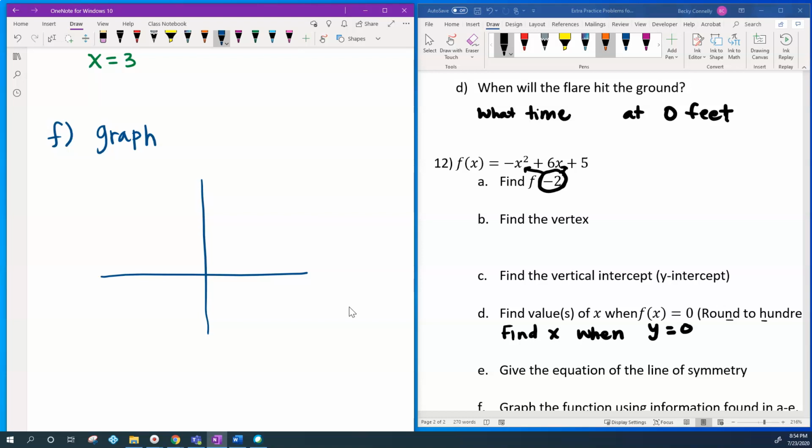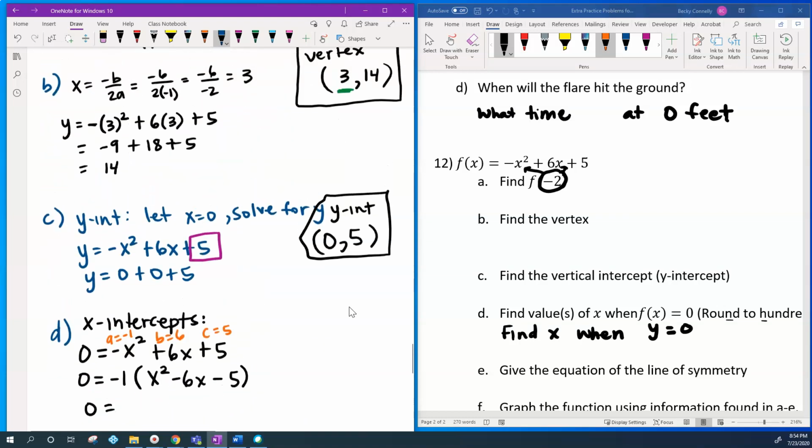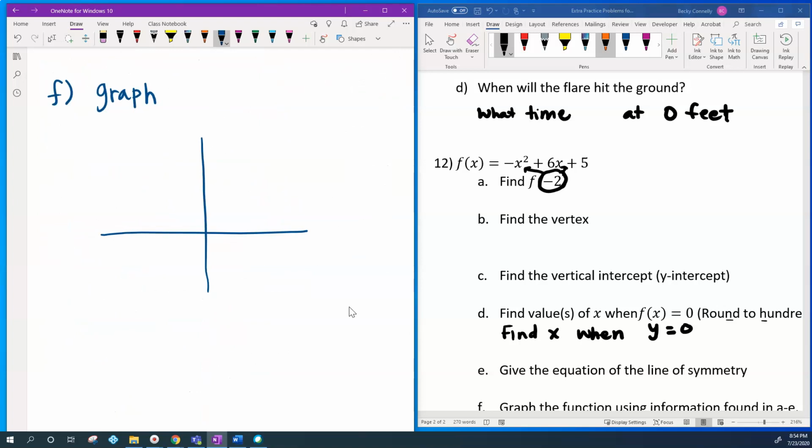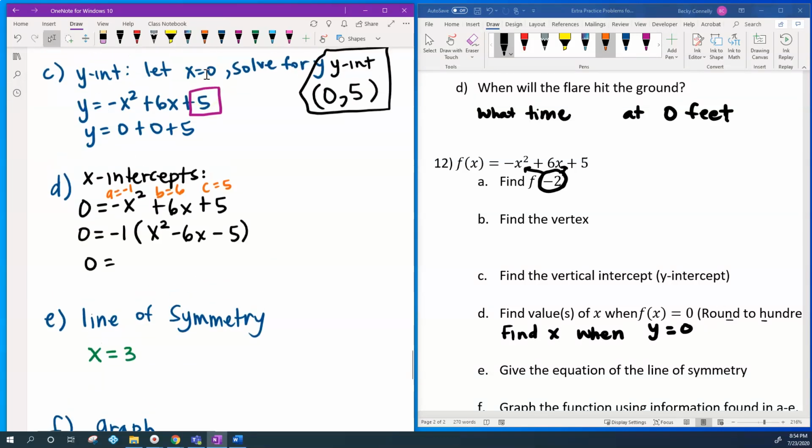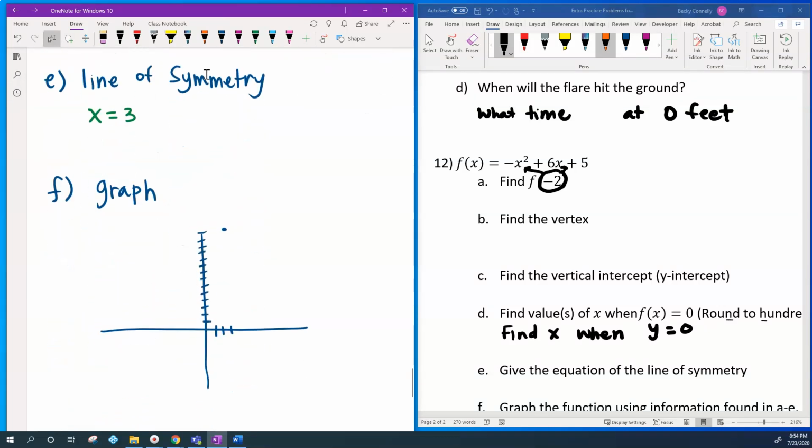So over 3, wait a minute, I forgot again what it was, (3, 14). So we're going to go 1, 2, 3, and 1, 2, 3, 4, 5, 6, 7, 14. Okay, so here is my vertex. And then I can see that I have some other points that I could use. I know my y-intercept is (0, 5). So 1, 2, 3, 4, 5.